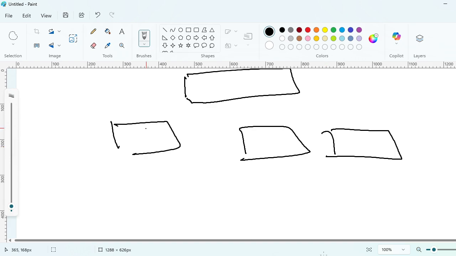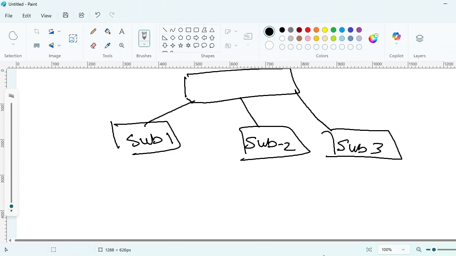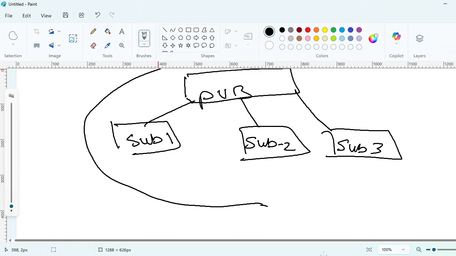Okay, this is subscriber 1, subscriber 2, subscriber 3, and here publisher. Okay, all the 4 servers are only in the single cluster.